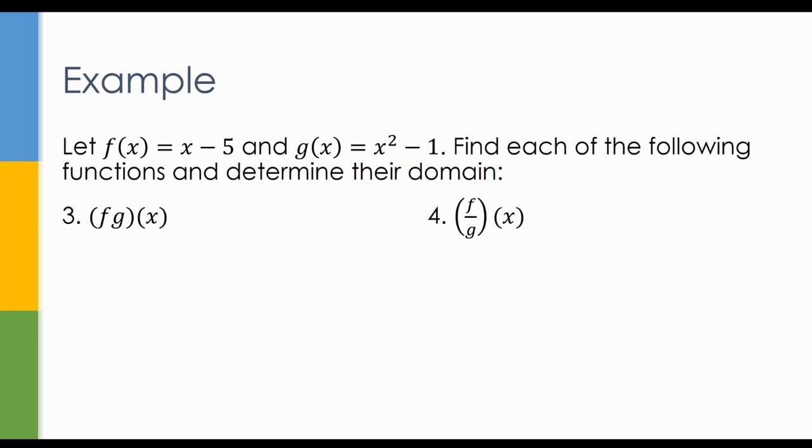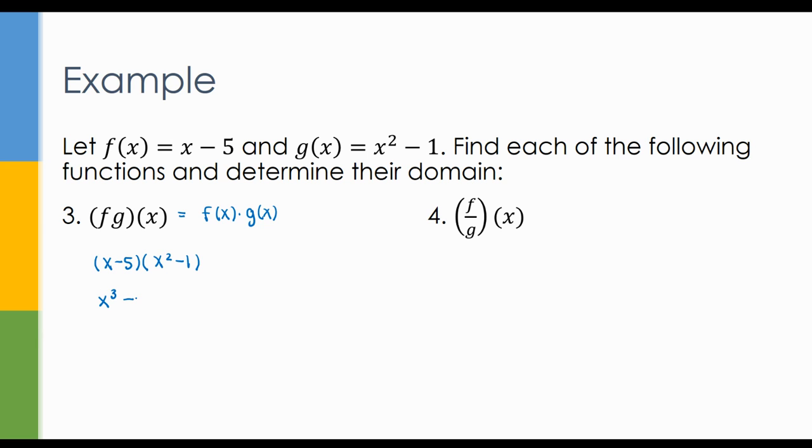Okay, we're using the same functions, and now I want to find the product and the quotient, and once again determine the domain. So remember, this is like f of x times g of x here. So we've got x minus 5 times x squared minus 1. I'm going to distribute this out. X times x squared is x to the third.